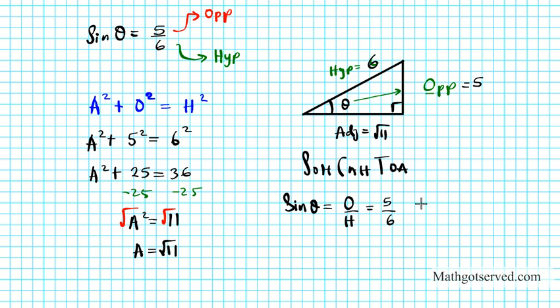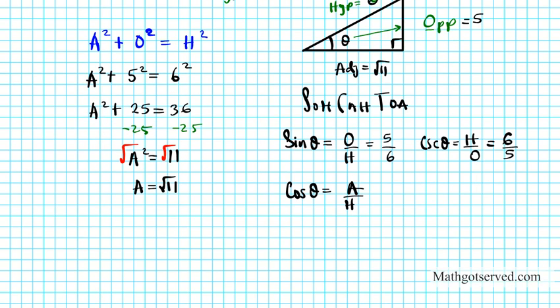The reciprocal trig ratio, cosecant theta, is hypotenuse over opposite, which is 6 over 5. Next is the cosine portion. Cosine theta is adjacent over hypotenuse from CAH. And that tells me that it's root 11 divided by the hypotenuse, which is 6.